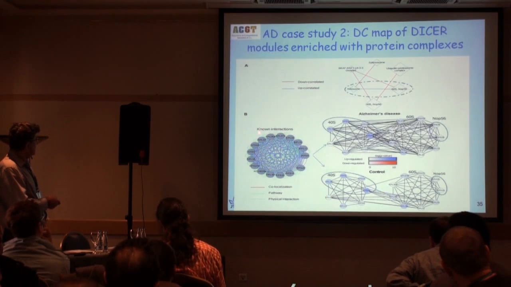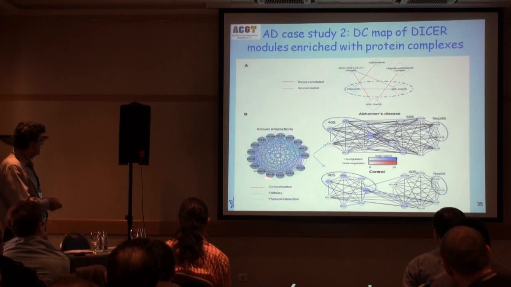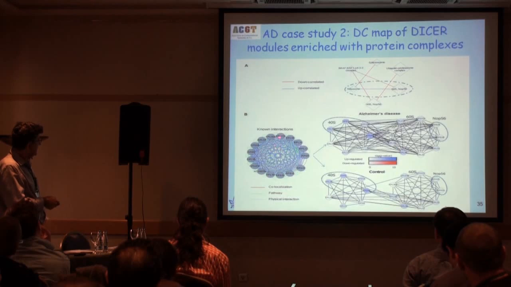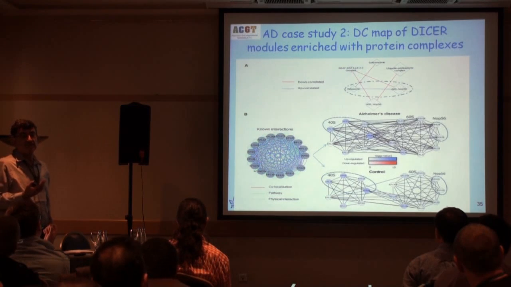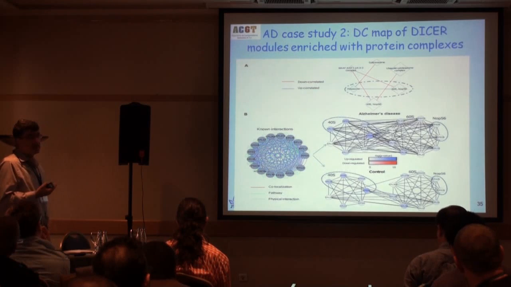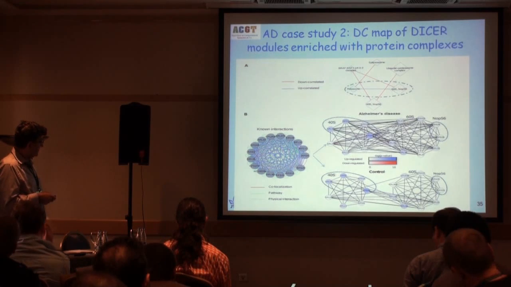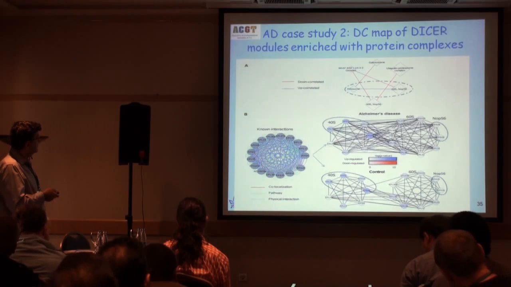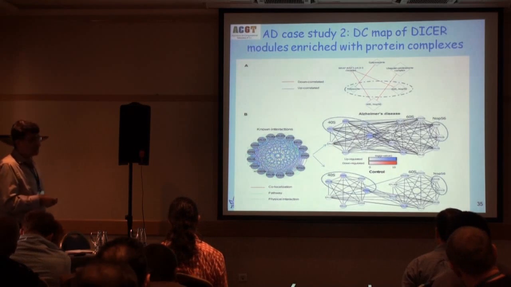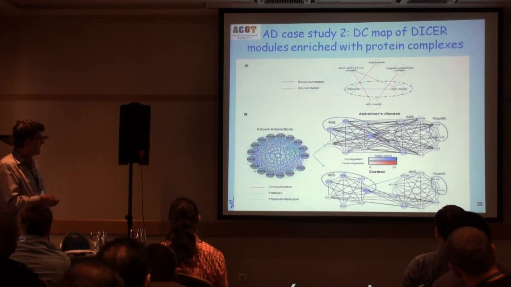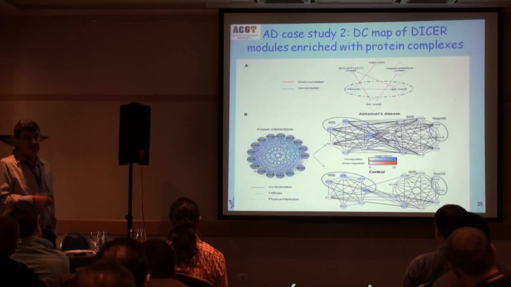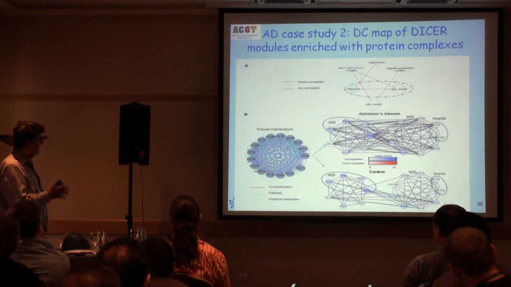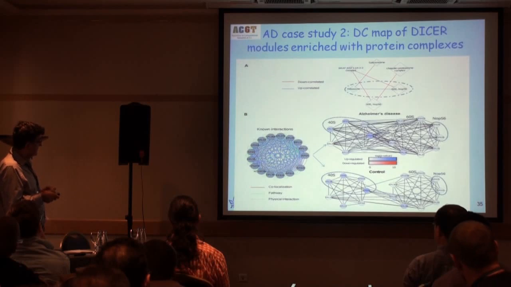If we just look at the interactions between them, using the GeneMania software database, you see that this actually manifests as one single highly interacting complex, which is not surprising because it's all related to the ribosome. But this type of analysis will not allow us to make any subpartition of this unit.